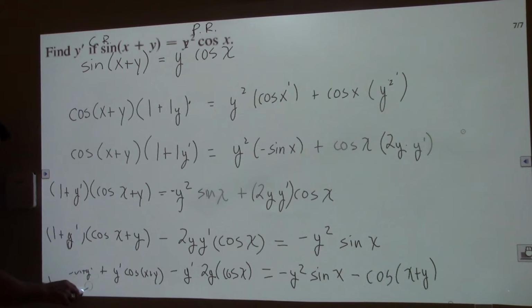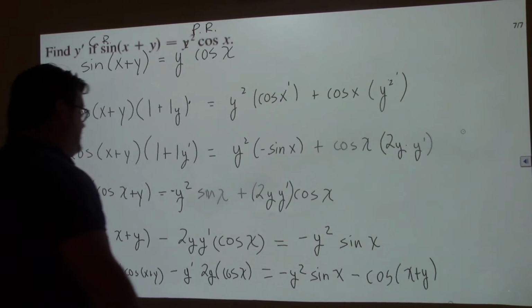I'm running out of room, so that's why I'm erasing it. Now what? Oh my gosh, we got y primes. We got 2 y primes. So what can we do? Factor it out. And you're going to get y prime times that cluster. And then what are you going to do to get y prime by itself? Divide by the cluster on both sides.